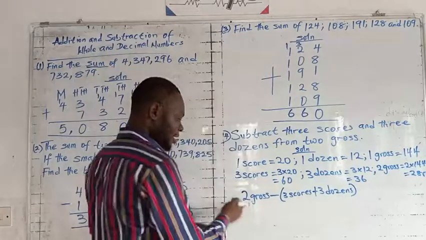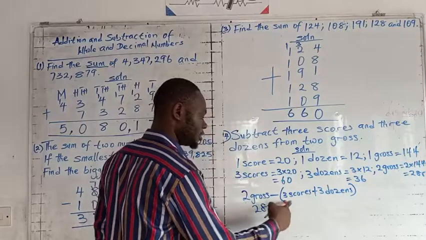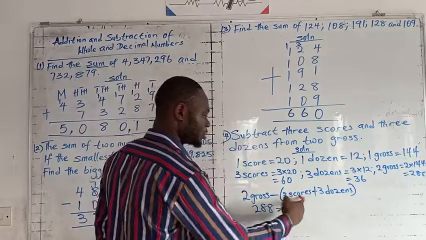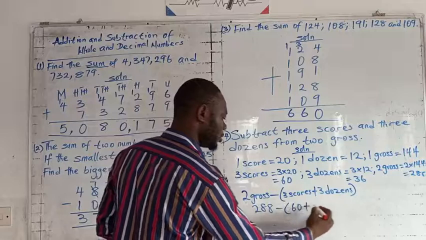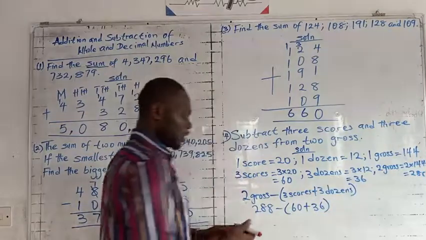Now 2 gross is 288 minus, open your bracket again, 3 scores is 60 plus 3 dozens is 36.